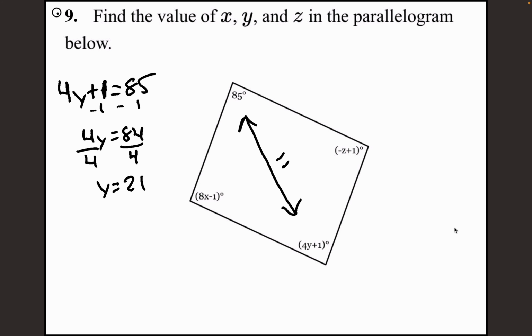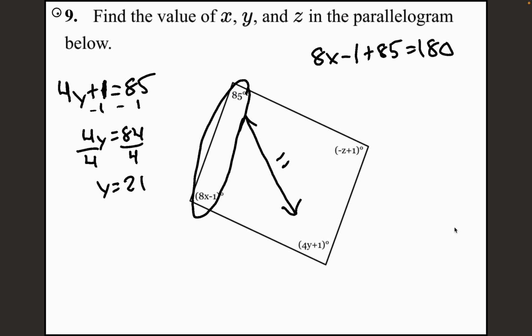Now, how can I find x? Yeah, these equal 180. So let's go ahead and do 8x minus 1 plus 85 equals 180.